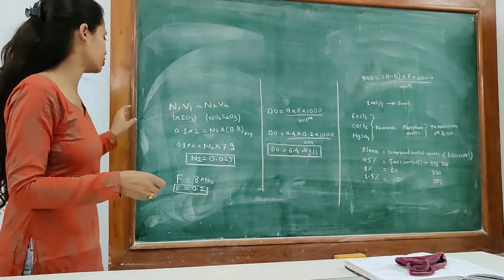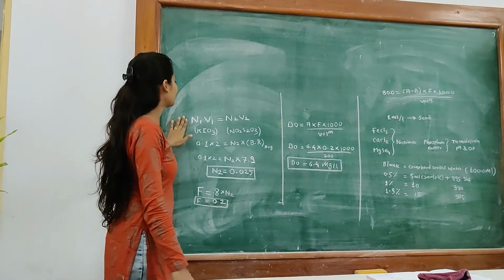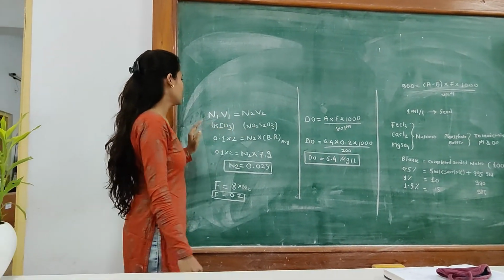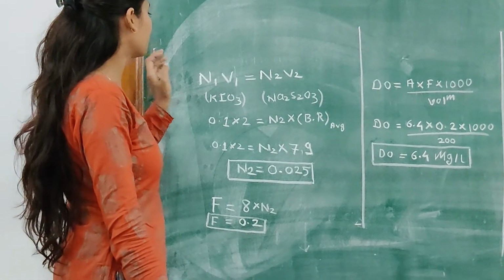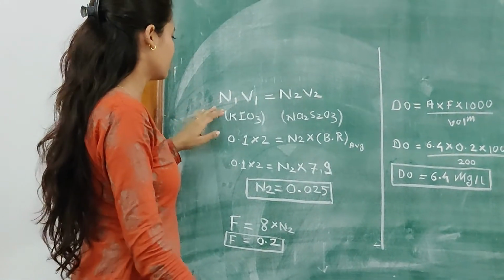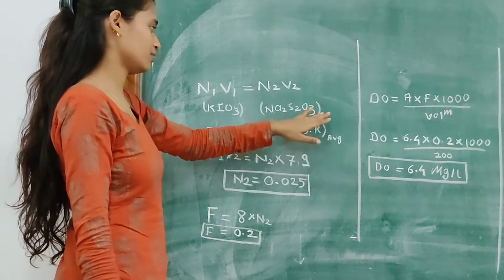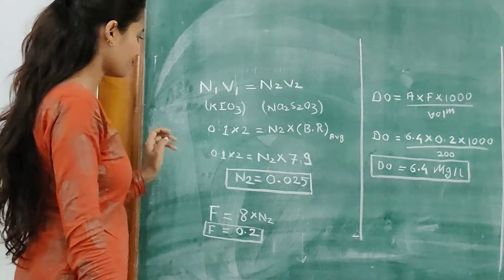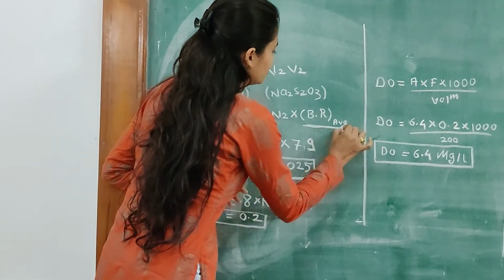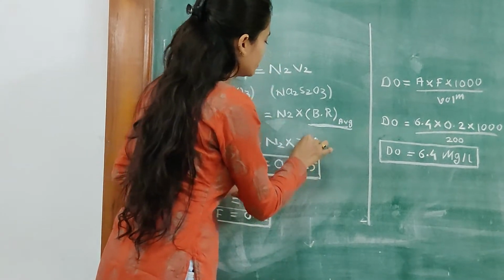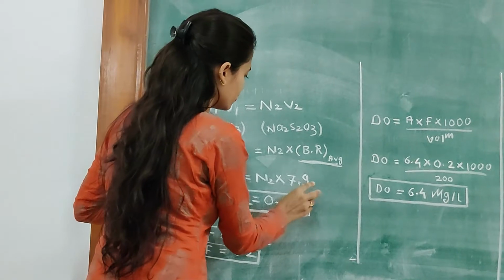So let's see the calculations. Again, for standardization we are using N1V1 equal to N2V2, where N1 and V1 are normalities and volumes. Here the average burette reading we got, as we repeated it thrice, is 7.9.